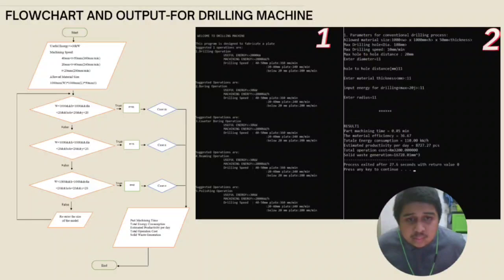The second is hole to hole distance, then enter material thickness, input energy for drilling, and lastly enter radius. All these values that we put must be in millimeters. And lastly, this is the result as we can see. So that's only for me. Thank you.